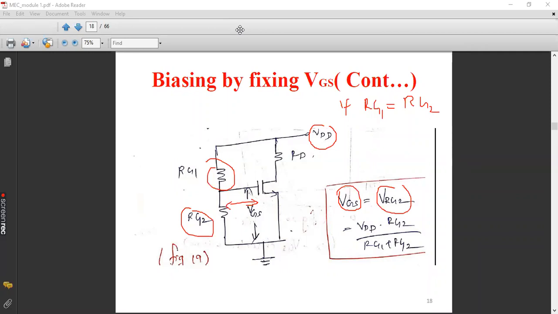Yes, Rakshit. Tell me the answer. What will happen if RG1 is equal to RG2? Substitute that condition in the equation and tell me what will be the relationship between VRG2 and VRG1.